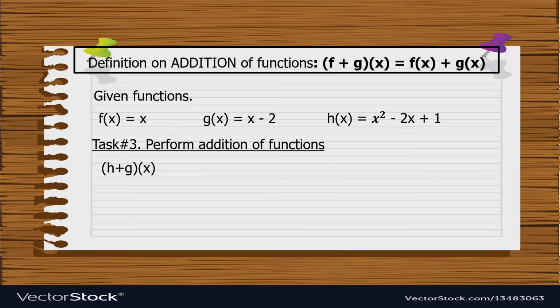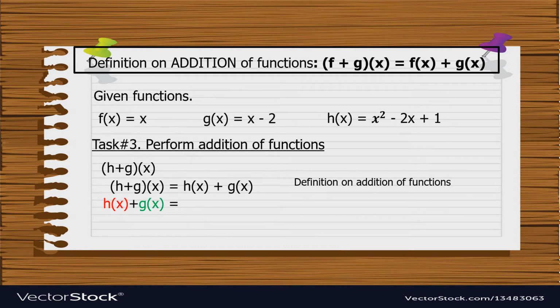Task number 3. Find the sum of h of x and g of x. We know that h plus g of x equals h of x plus g of x. Now, h of x plus g of x equals x squared minus 2x plus 1 plus x minus 2.